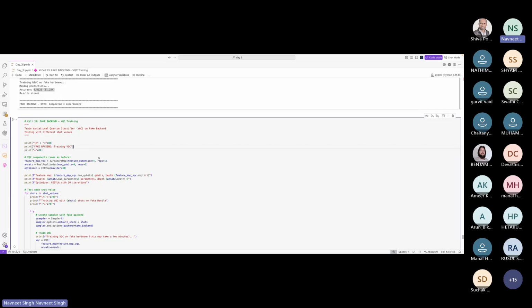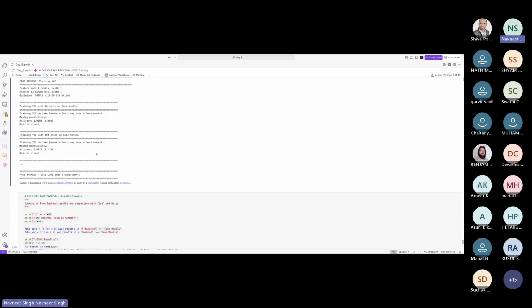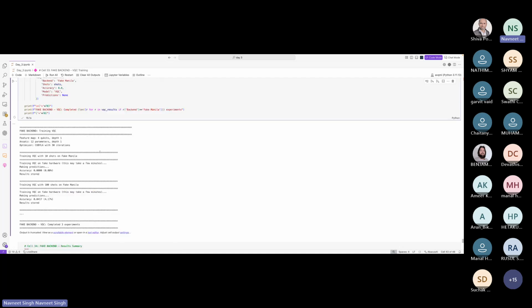So we have to choose, based on different properties of quantum computers, which algorithm is suited for which quantum computer. Because right now we do not have general-purpose computing like our laptops, where we can do whatever we want. But in real IBM computers, we do not have that luxury.